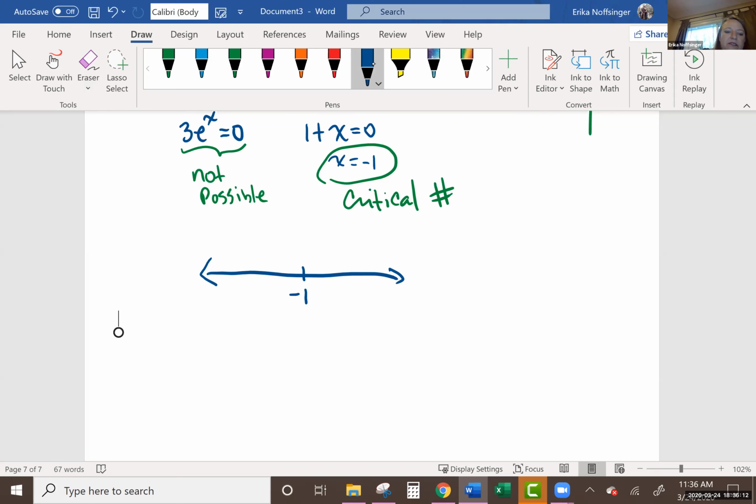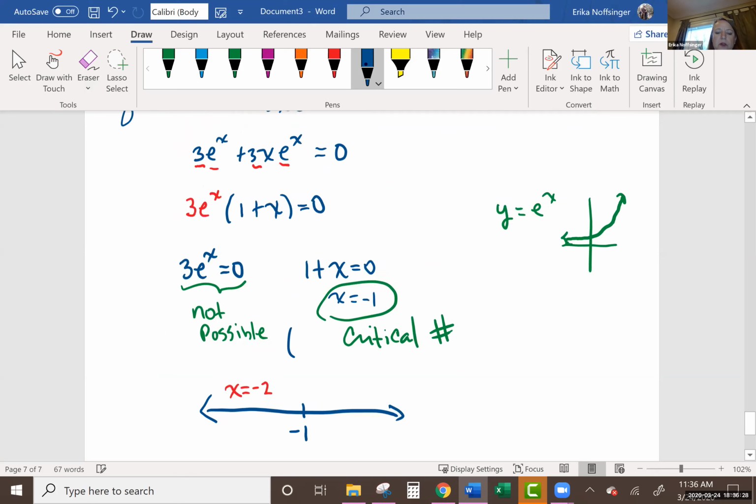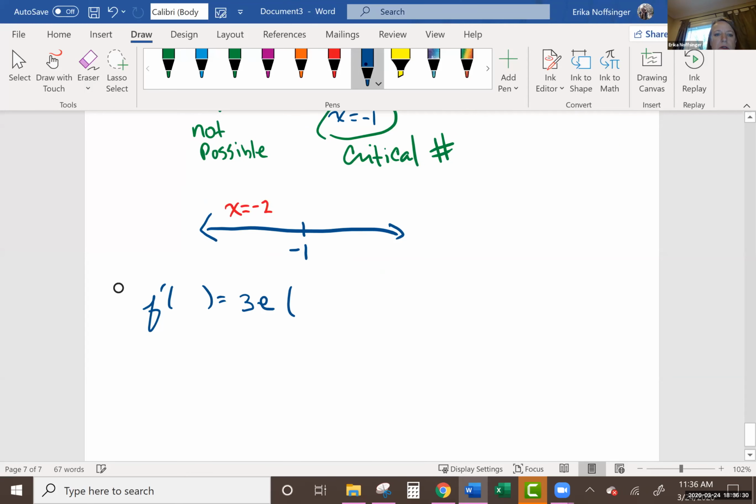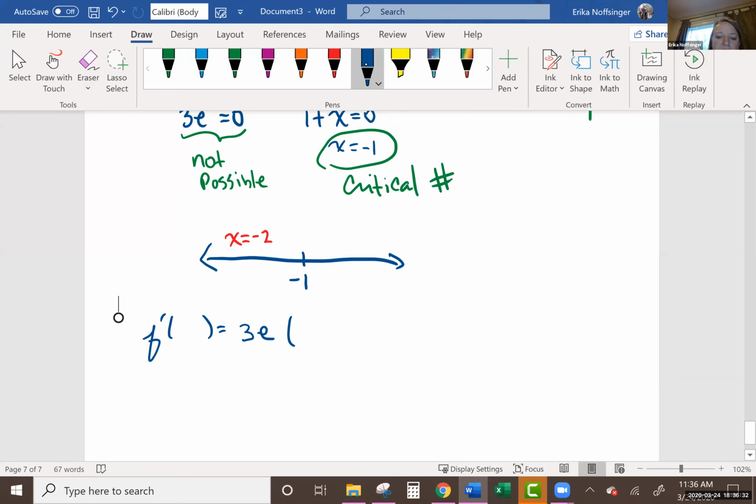So looking at the derivative and plugging in a number to the left and the right. If we plug in -2 into the derivative, so what was that? 3e to the -2 all times -2 plus 1, that is, 1 plus -2.